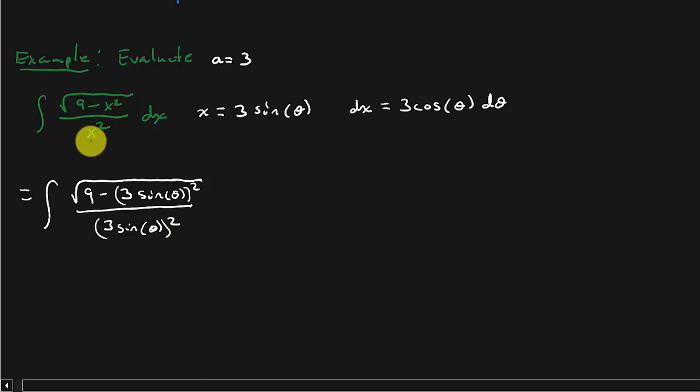So all I did is I replaced the x's with 3 sine theta, times dx. Well, what's dx? dx is 3 cosine theta d theta. So times 3 cosine theta d theta.